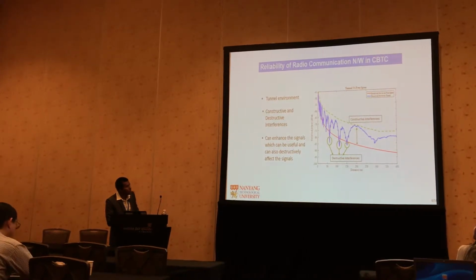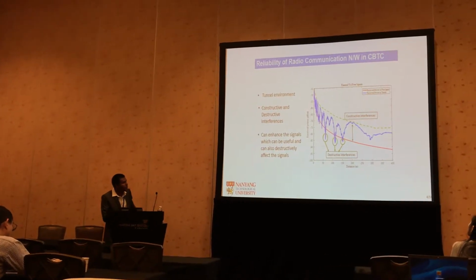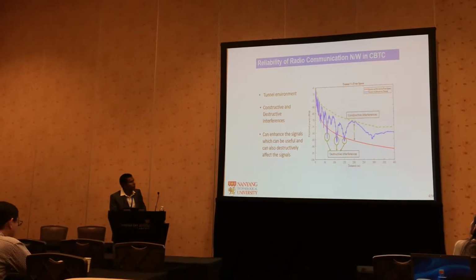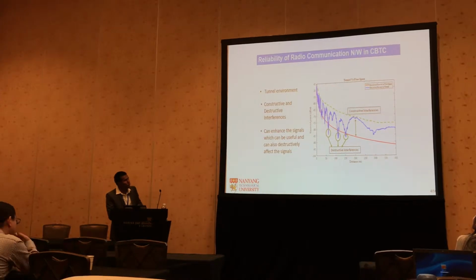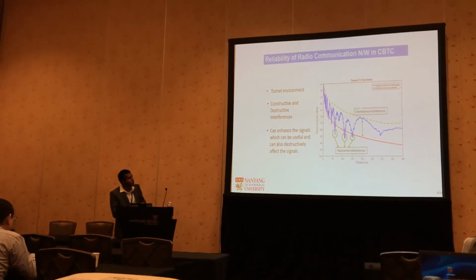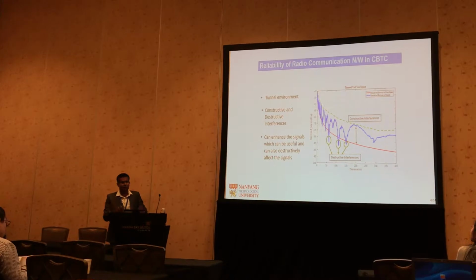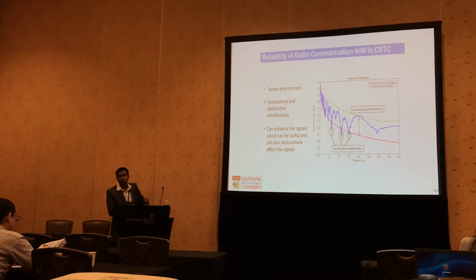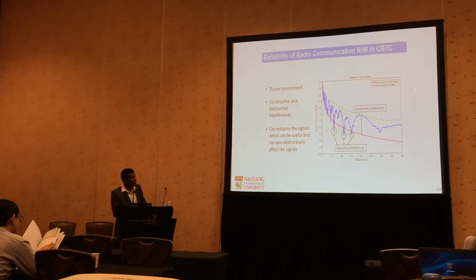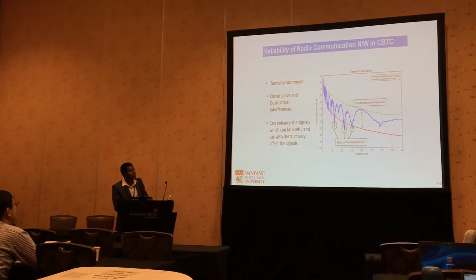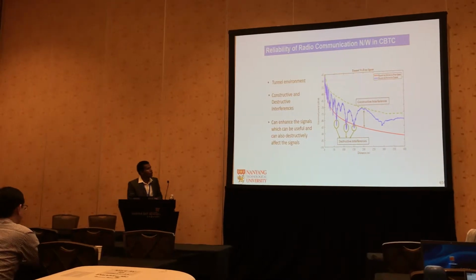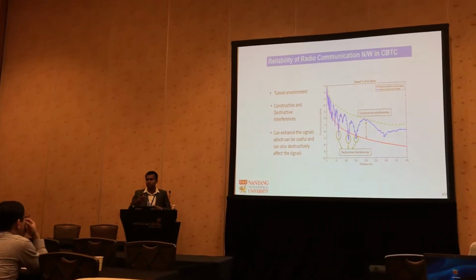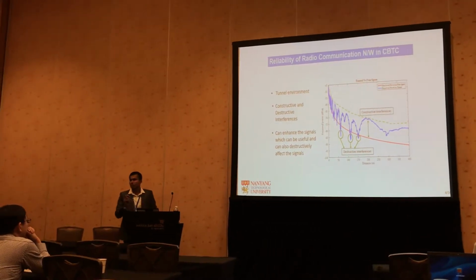Here you can see there are a few locations inside the tunnel where the received signal is drastically going down. For most of the locations in the tunnel, the received signal is far higher compared to the open area. So these are called deep fades or destructive interference, and these are called constructive interference which enhance the signal. We benefit from this constructive interference which enhances my received signal, but the destructive interference will cause a problem.